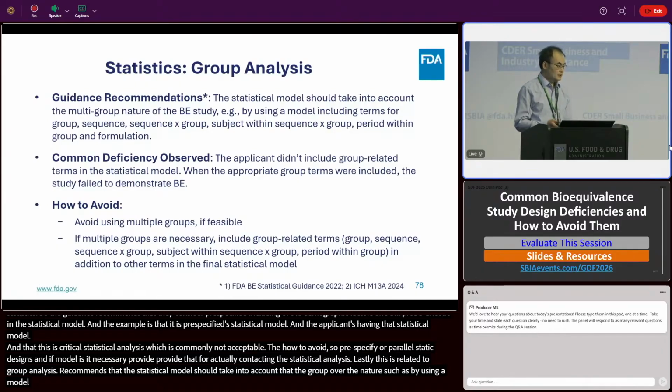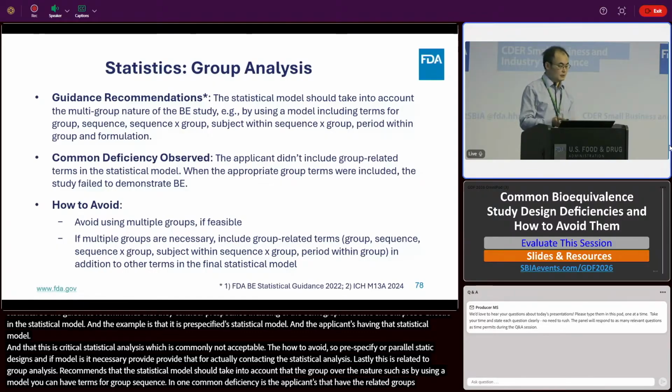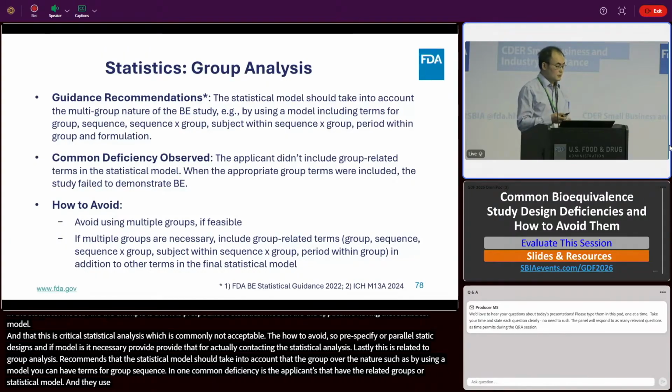One common deficiency we see is that applicants didn't include group-related terms in the statistical model, and when they used their own model, the study passed. But during the BE review, when we included appropriate group terms in the statistical model, the study failed. So the applicant has to repeat their study.